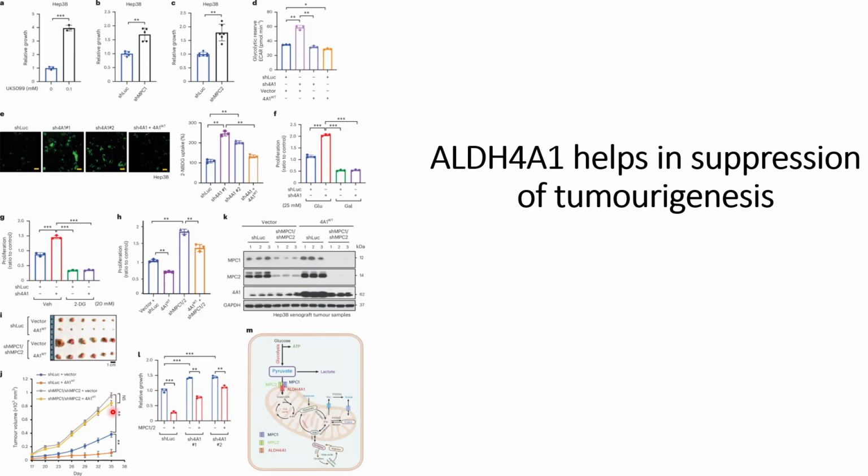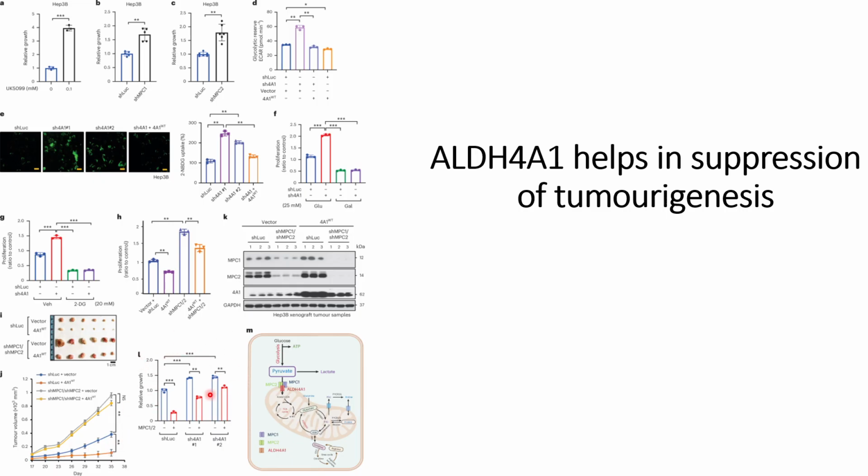But when it is overexpressed, they do not see much change, or the changes are not statistically significant compared to the control. The minimum tumor volume is seen where ALDH4A1 is overexpressed and MPC1 and MPC2 are also present.